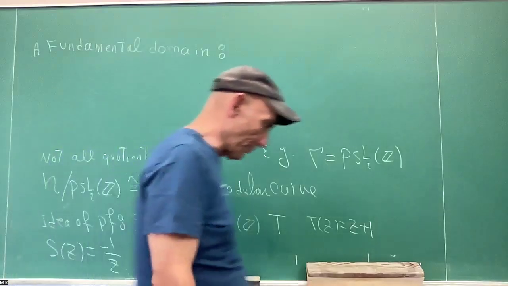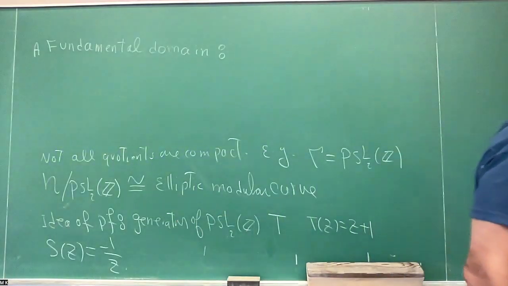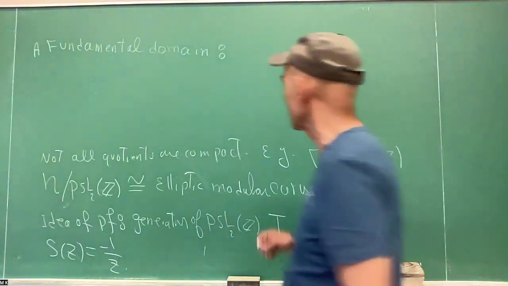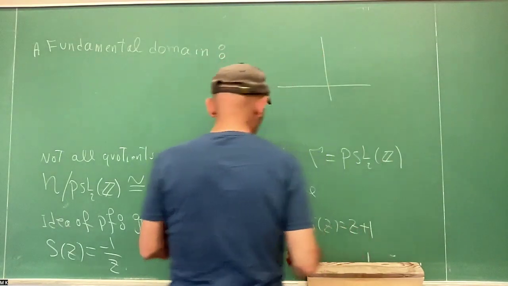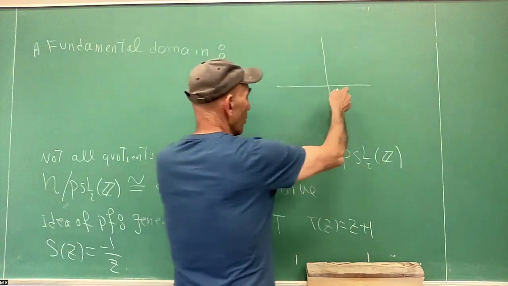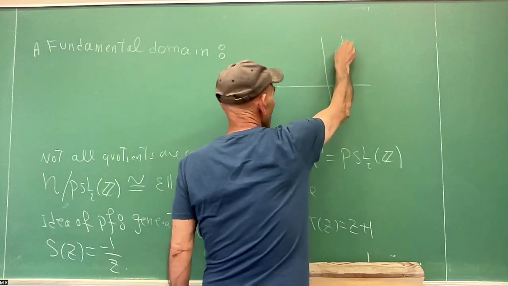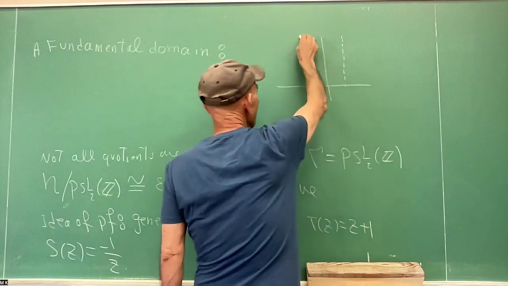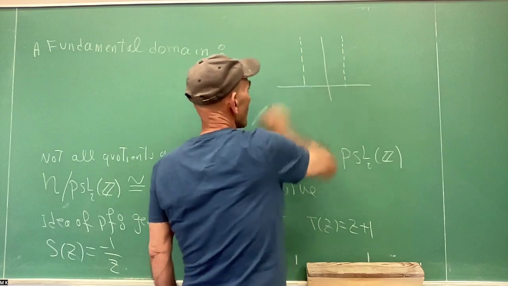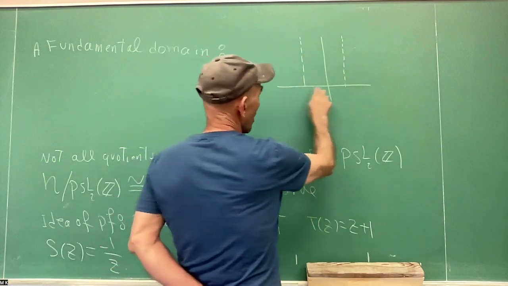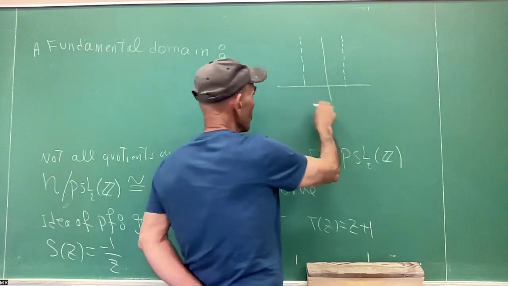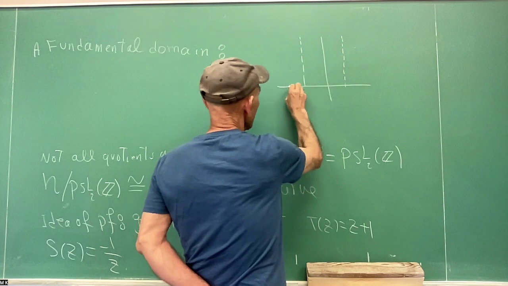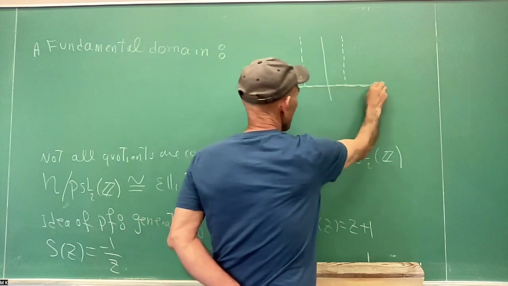So it's the following famous construction. First of all, you know that because of these translations, it's enough to focus on one strip of length 1, like this. Of course, this line is the line at infinity, the boundary, so this is not part of the story. So we just dash this.